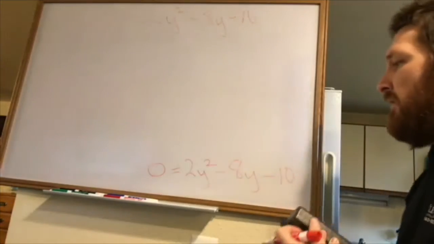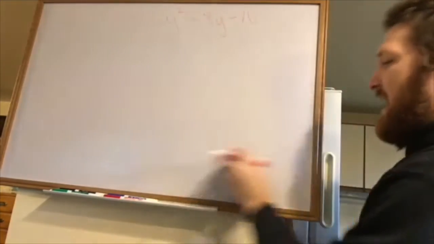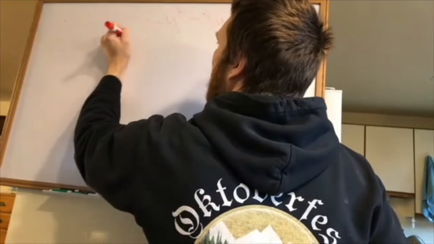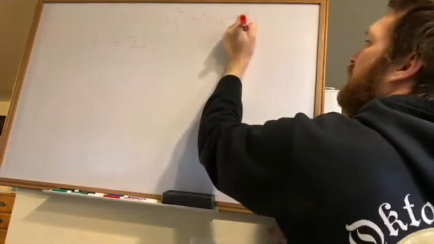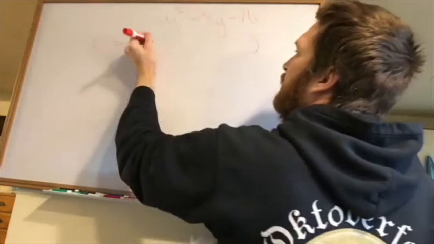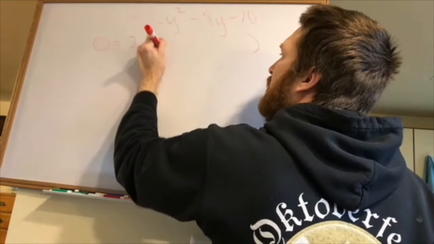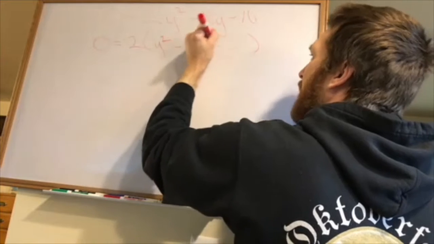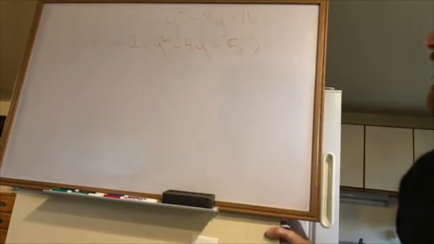Pretty sure you factor it out, right? What do you want to factor out? A 2? Let's factor out a 2 from this whole thing. That leaves me what, and what? Y squared -4y -5, I think. -5. I like it.